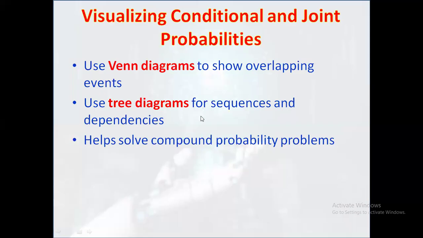Each branch in the tree represents a probability pathway, allowing step-by-step calculation of compound probabilities. These visual tools help clarify complex probability problems and provide intuitive insights into how different events and their probabilities relate to each other. So, Venn diagrams and tree diagrams are mainly used.